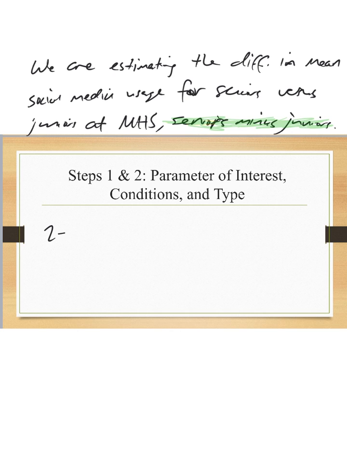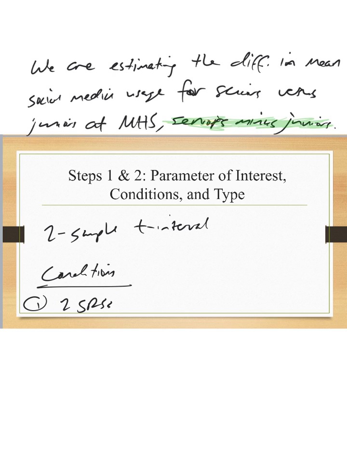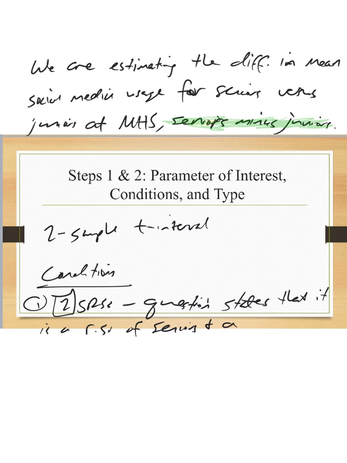This is, again, a 2-sample T interval that we're going to be working on. And in terms of conditions, okay, one is that we have 2 simple random samples. Be careful, you do have to remember that it's 2 now, 2 simple random samples. And the question states that it is a random sample of seniors and a random sample of juniors.